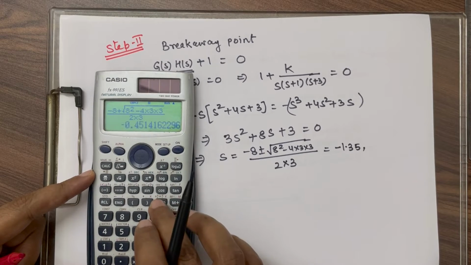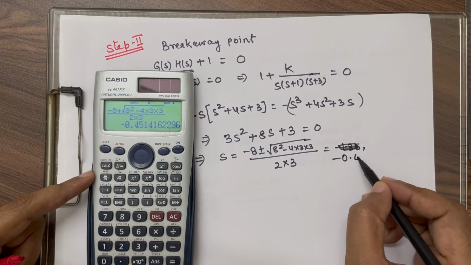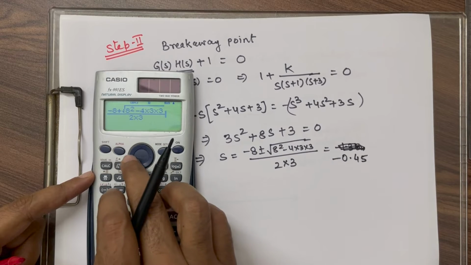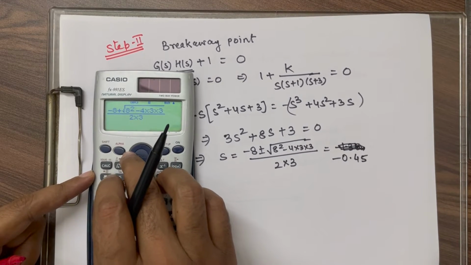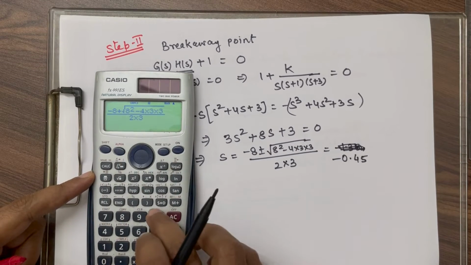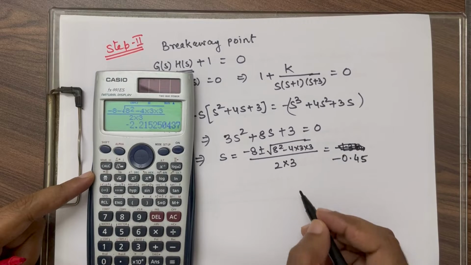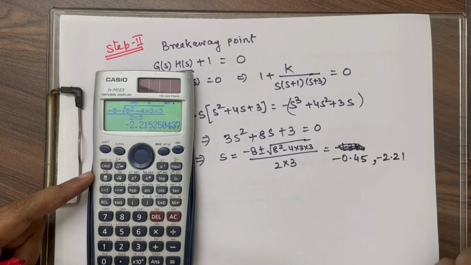So when I take the plus, the value is minus 0.45. If I take the minus, we will get a different value. Let us see what that value is. This value is minus 2.21.